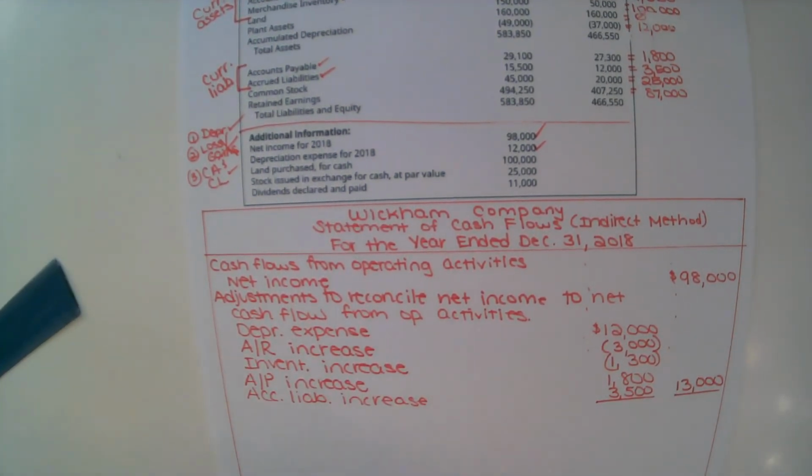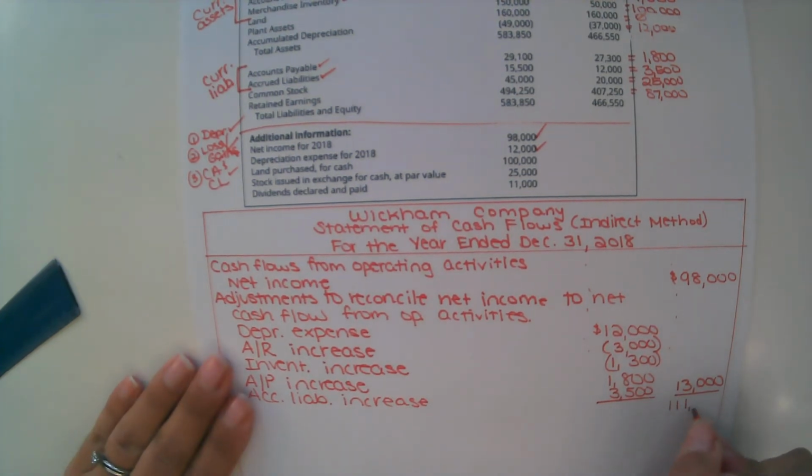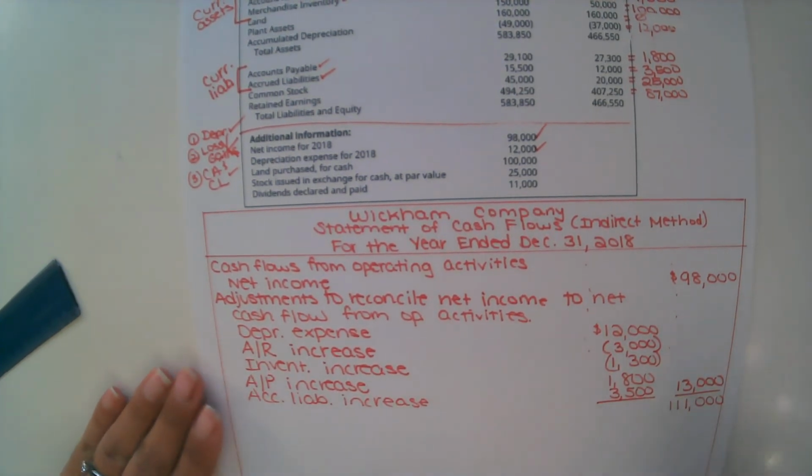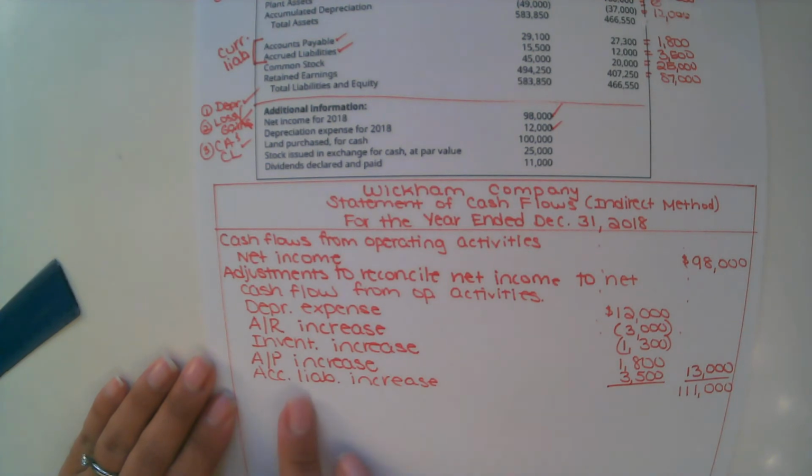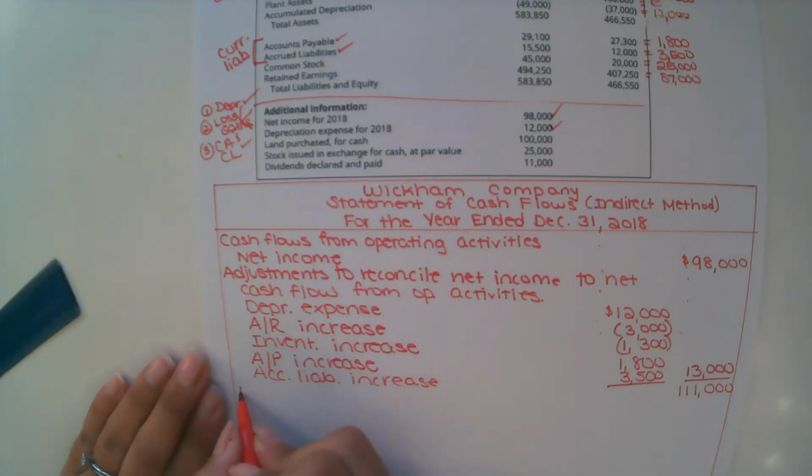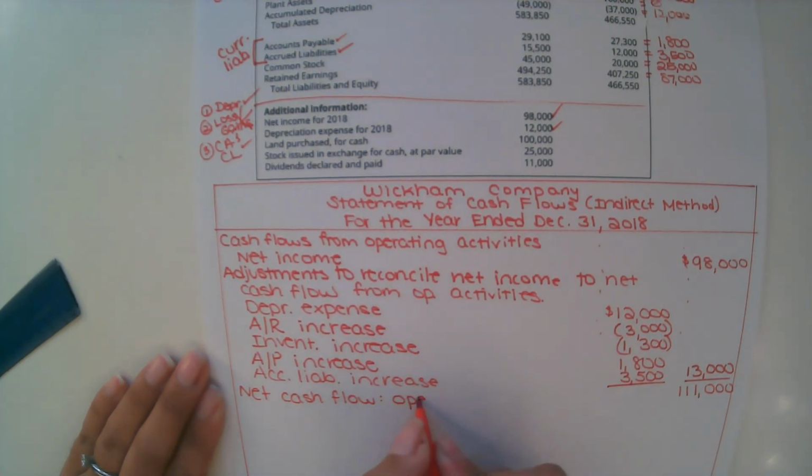So add that, you'll get 111,000. We have to identify that line, as I mentioned in a prior video. We call that net cash flow from operating activities. There's a couple different ways to say it. You can say net cash provided by operating activities. Your book just says net cash flow operating activities. So I'm fine either way you show it.